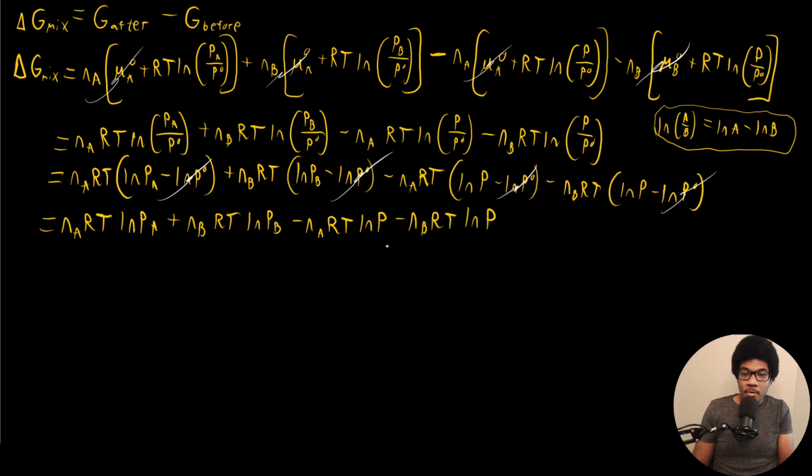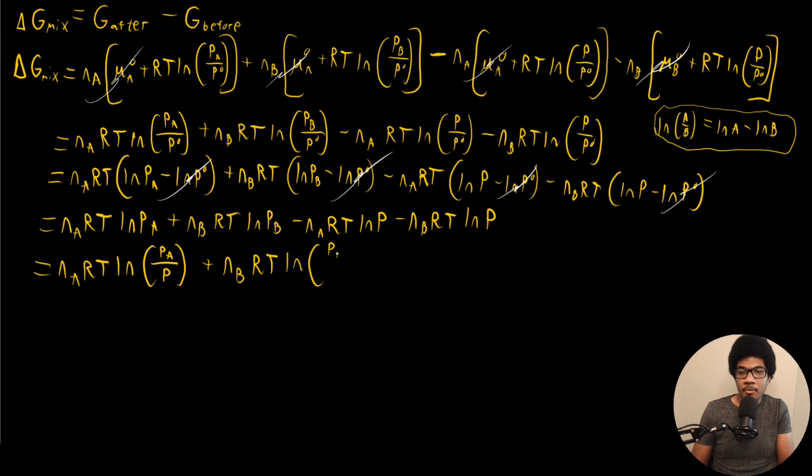Using this same rule of natural logarithm, we notice that we have two terms multiplied by NA RT, which gives us NA RT ln PA over P, plus NB RT natural log of PB over P. So we just get these two terms that depend on the total pressure and the partial pressure.